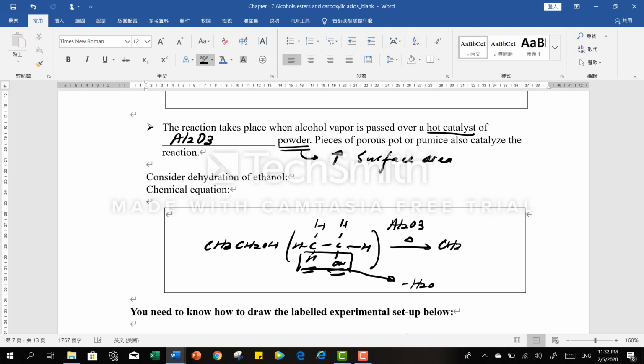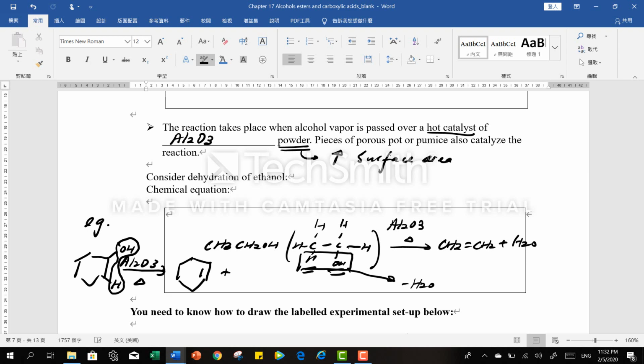Then you will get ethene together with water. Okay, give you one more example here. If you have this one and you heat it with aluminium oxide, what will you get? Now remember, this is a skeletal formula, so the hydrogen is contracted. As I said, this one will be pulled out, then you will get a cyclohexene together with water.